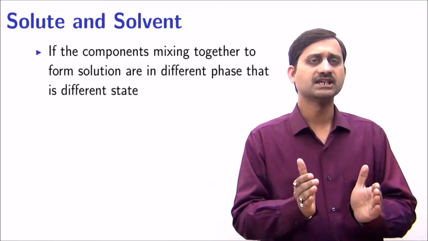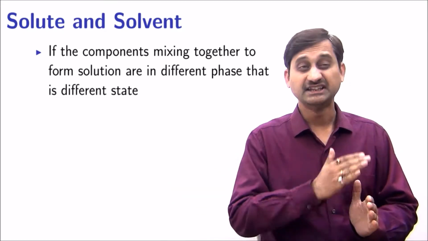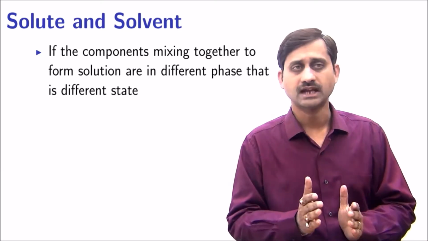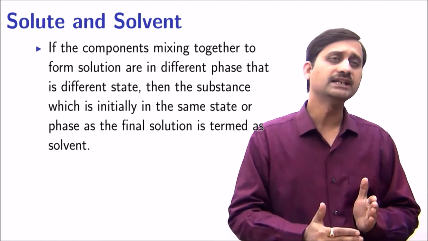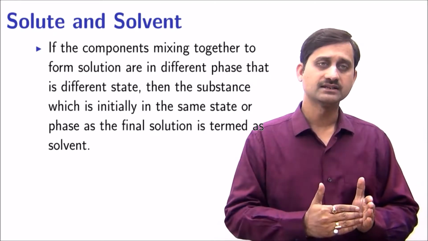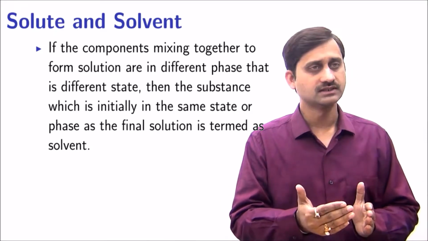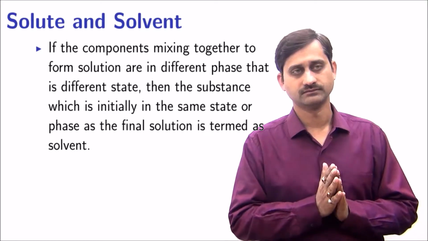The first one, if the components mixing together to form solution are in different phase, that is different state, then the substance which is initially in the same state or phase as the final solution is termed as solvent.